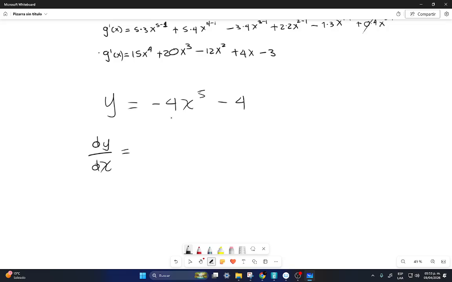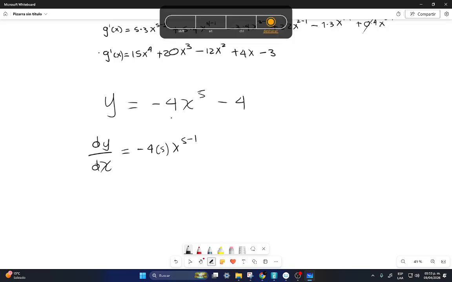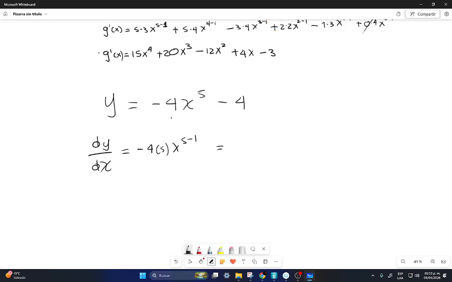I drop down the exponent to multiply, so it's negative 4 times 5, x, and 5 minus 1. And remember, the constant term disappears, so it will not appear in the derivative. Let's simplify this. It's -20x^4. That's it. That's the derivative.